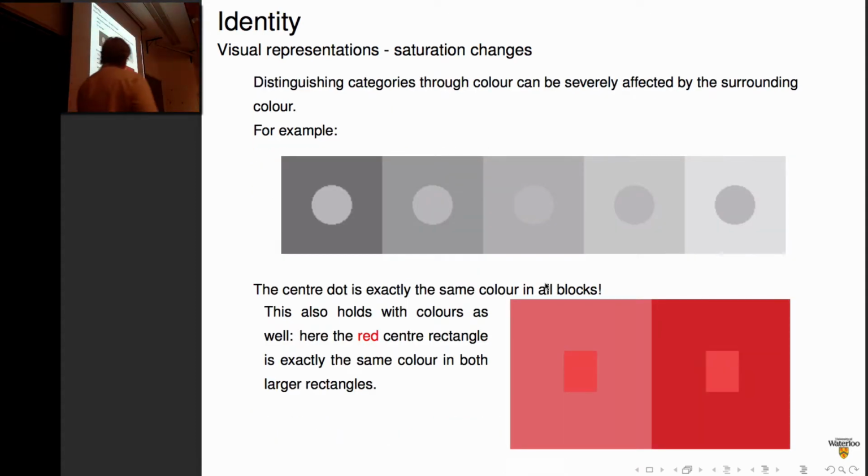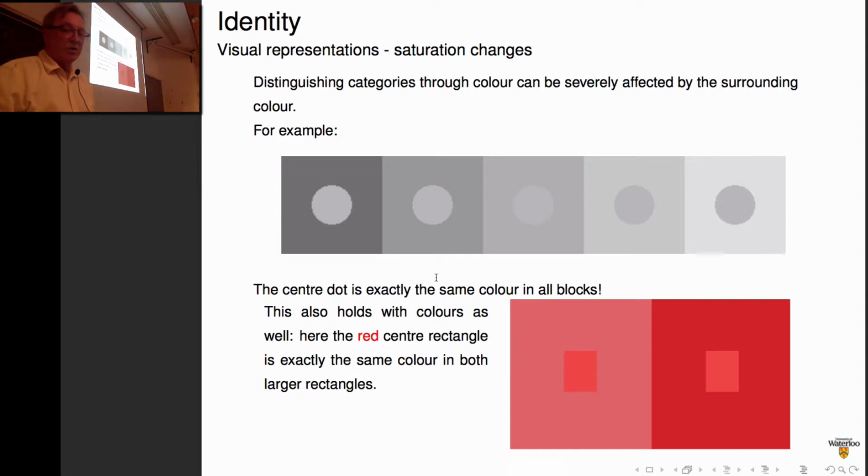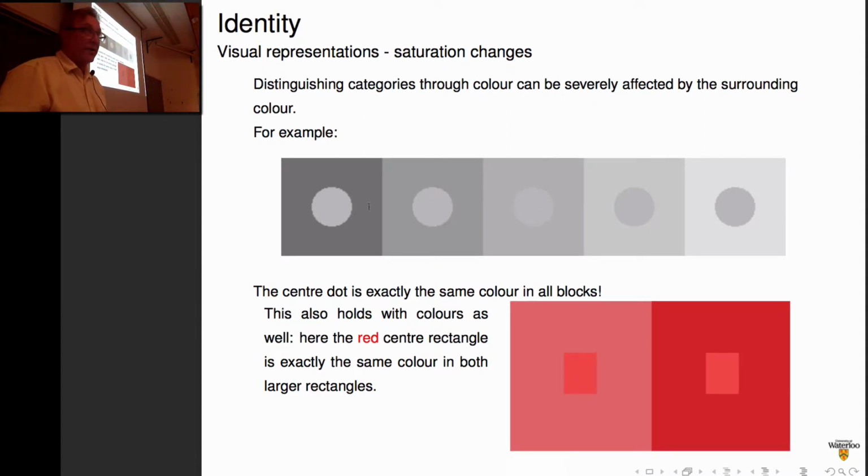Distinguishing categories through colors can be severely affected by the surrounding color. For example, if we're looking at these circles here on varying gray backgrounds, the circle in the center is optically identical. It's the same gray scale. So nothing's different. If you were trying to encode a value or a category based on that gray, well, if it was set on different backgrounds, you might mistake the category, the identity.